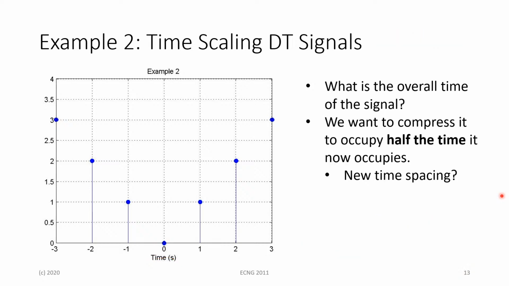Right, so that's what I'm getting at. So when we did our new time space, or our new n space accordingly. So remember, in this case, we can basically say, if we want to compress this to occupy half the time, we can say half the space. So what's our new spacing?